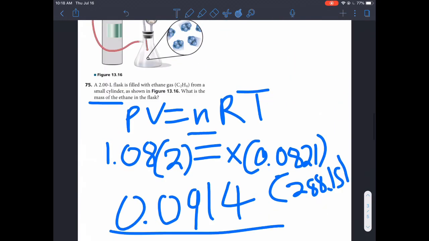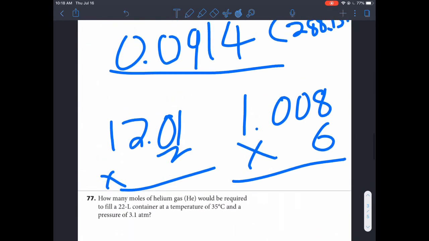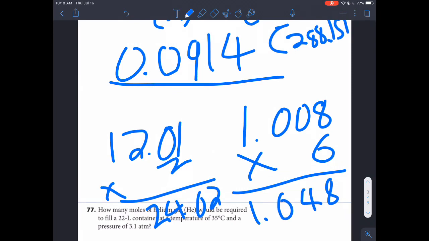And then we're going to add those together to get our molar mass for ethane gas. So if we do that, it's 24.02 and then 6.048. And then we add them together. We're going to get 30.